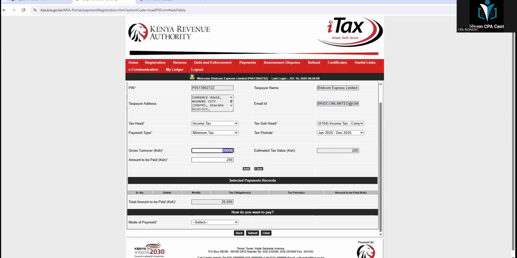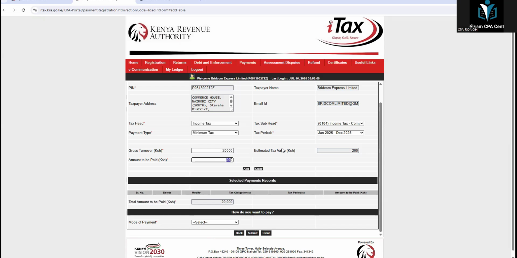And also this one, I think this one is final, since this is the gross turnover and you have not captured any expenses. So if you are not sure of your expense records, then the best option is to use the minimum tax. If you don't have a system, or if you don't keep records, they will just take your sales and then take 1%. So you can also use that as a tax strategy. You have to compare.